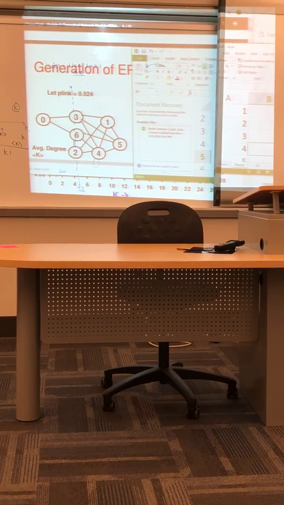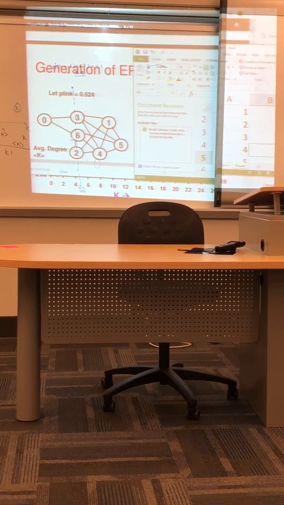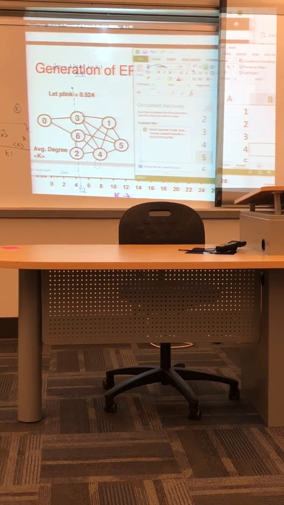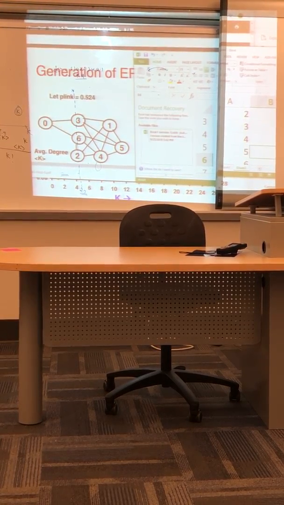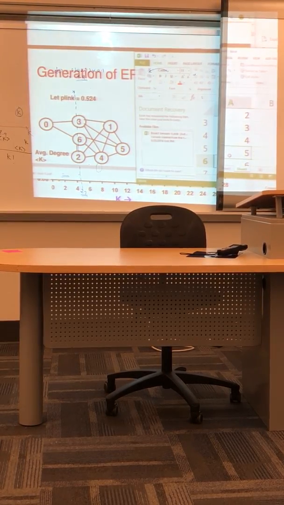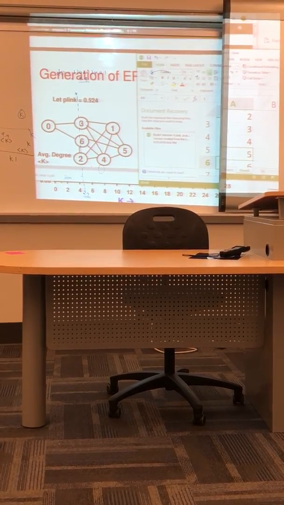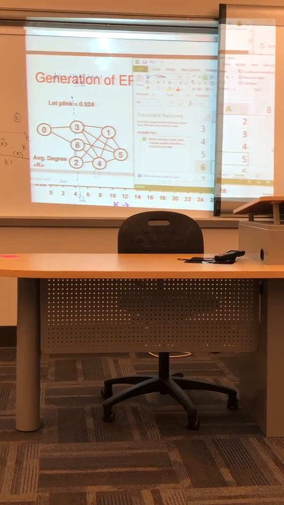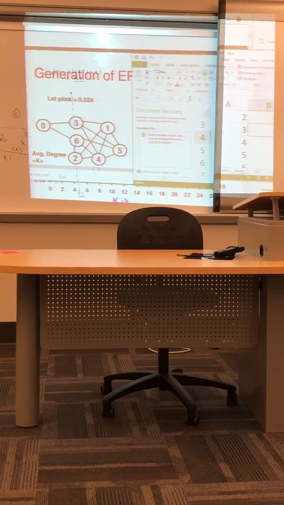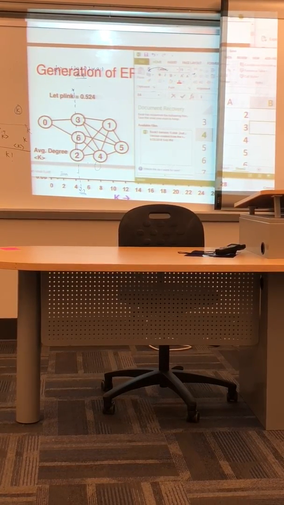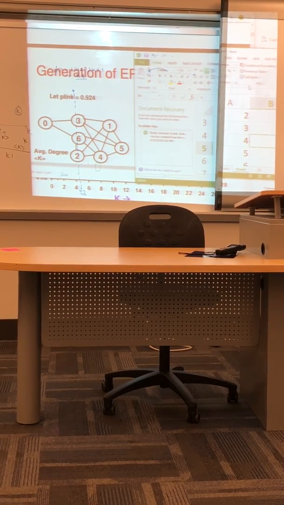I think 4 has 5 nodes, so we already have 7 nodes. Three should be only one node. Yes, there's only one node with degree 3. Okay, so this is our distribution, right?